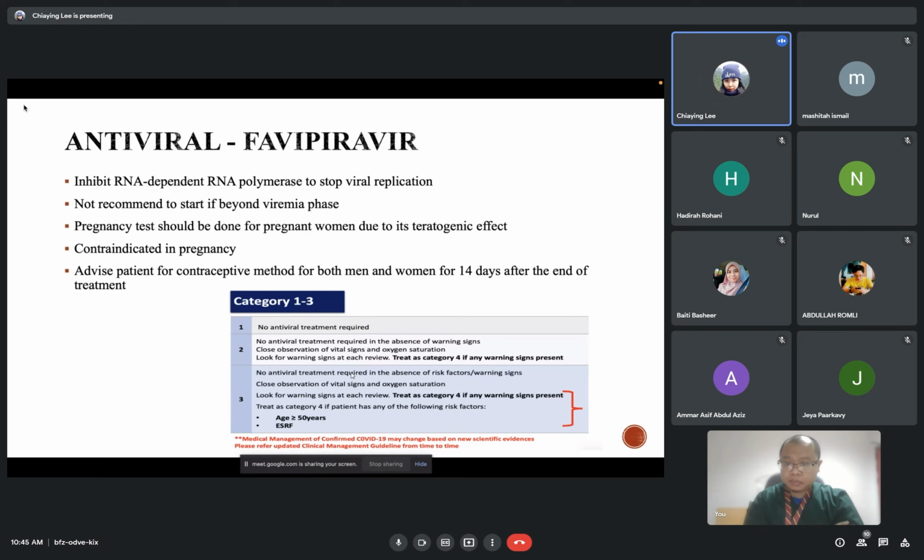Usually, we give this medication to patients during the viremia phase, and it is contraindicated in pregnancy because it can have some teratogenic effect. So we ask the patient for a contraceptive method for both men and women for 14 days after the end of treatment.